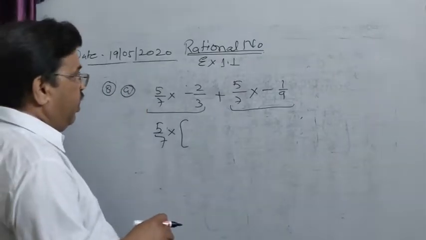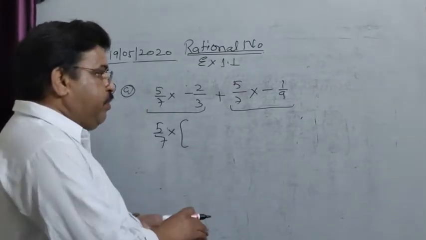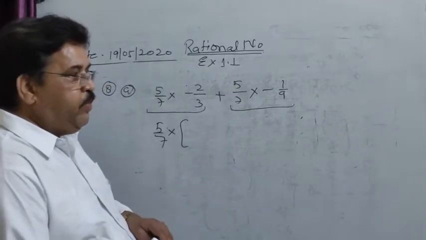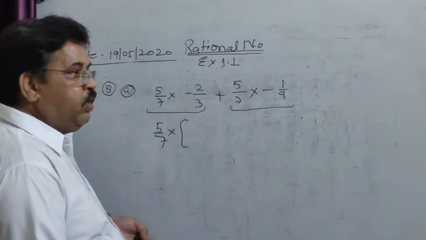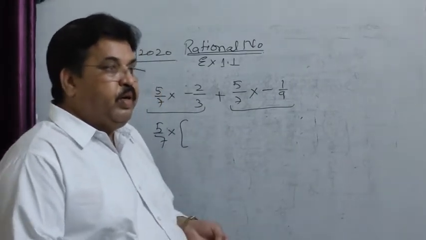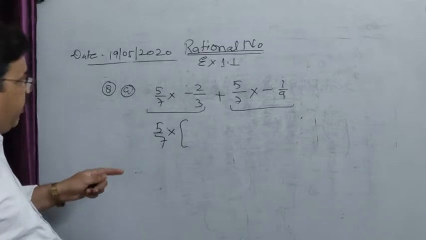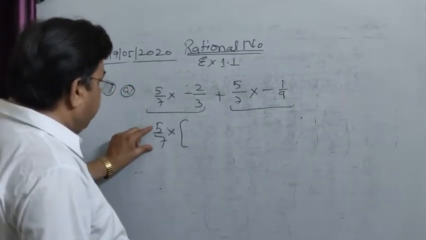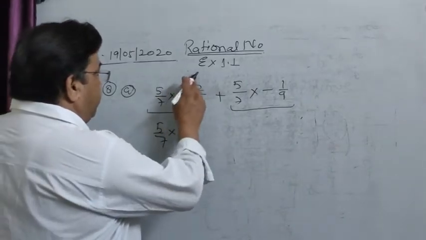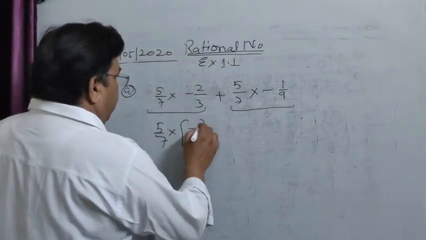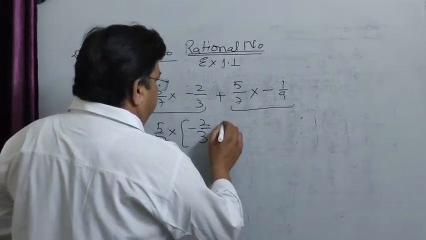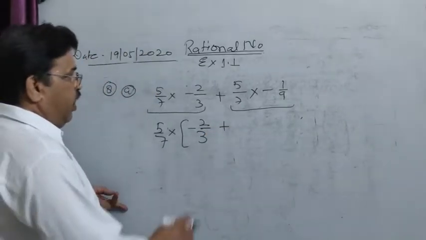Okay, if you divide the same number by the same number, if the given number is 2 and you divide by 2, you will get 1. If you divide 3 by 3, you will get 1, and here we are dividing 5 by 7 by 5 by 7, you will get 1. And 1 multiplied by minus 2 by 3, so minus 2 by 3, and put the sign before this number.